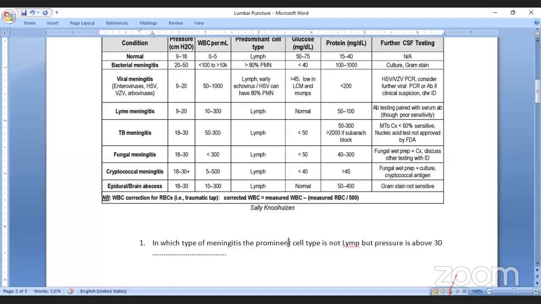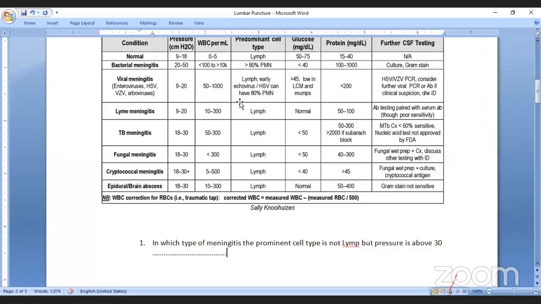You can see how many words I added to the previous question. Can anybody unmute and talk with me? Only one word: the cell is not lymph, but the pressure is above 30.